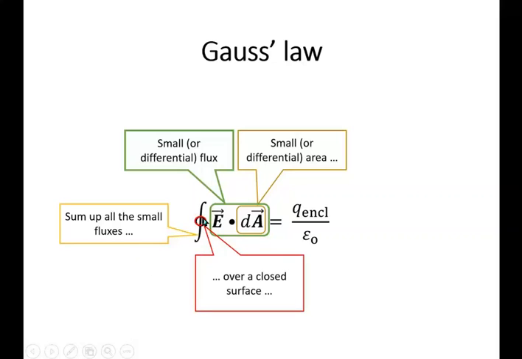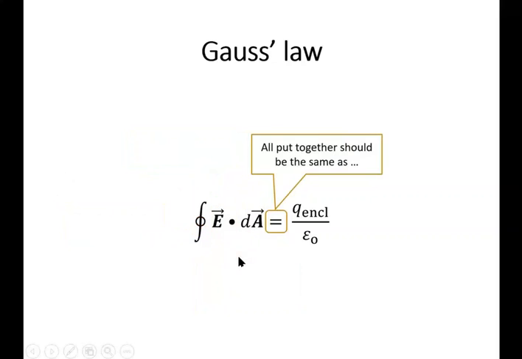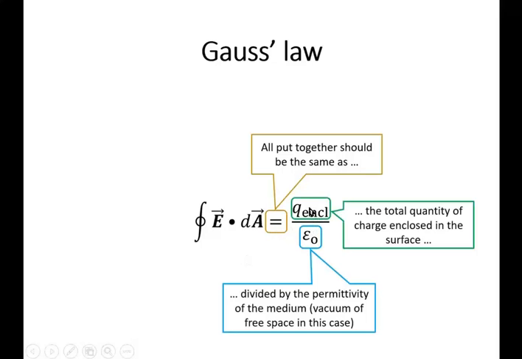Then the circle here is telling us that we should sum all the fluxes until we've done so for all the small surfaces of a closed surface. We've divided a closed surface into small areas, and for each area we calculate the flux. Now we add all the fluxes until we've done so for the closed surface. If we add everything up, it should be equal to the charge itself divided by the permittivity of the medium that the charge occupies.